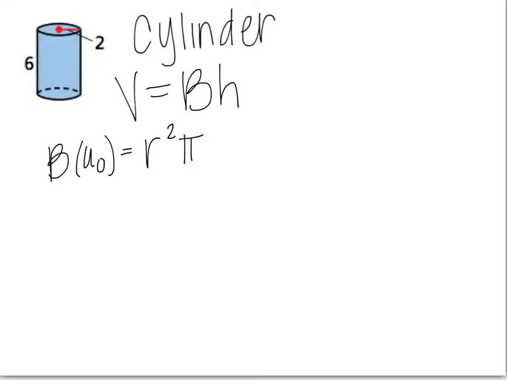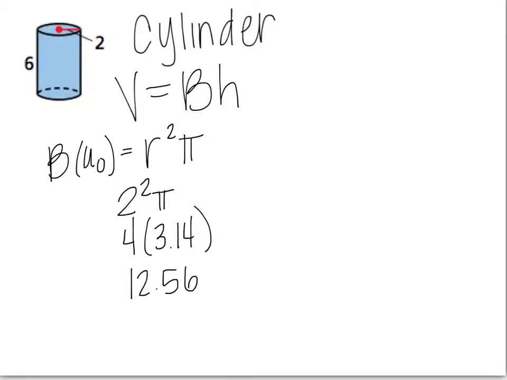My radius is 2, so I'm going to do 2 squared times pi. 2 times 2 is 4. I'm going to use 3.14 for pi. When I solve, I get 12.56. So my base is 12.56 units squared.